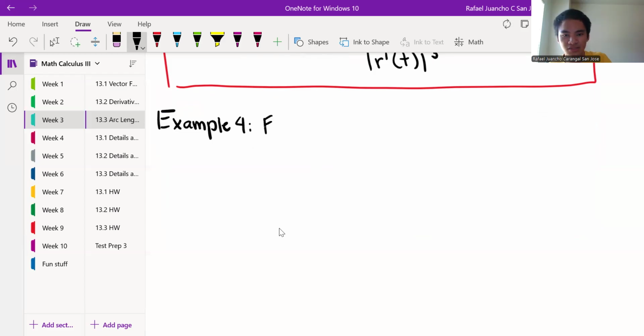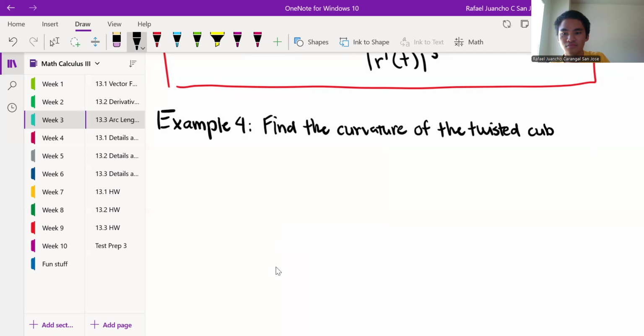So here we're being asked to, again, find the curvature of the twisted cubic. It's another vector function here.